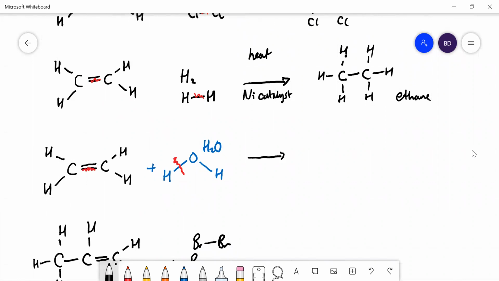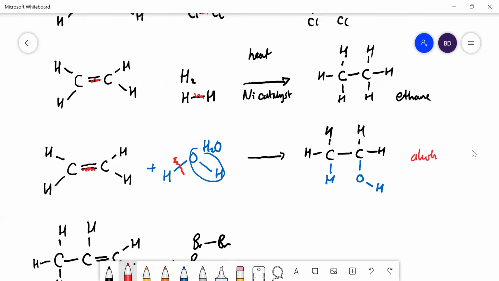And what happens is you form, right, now the hydrogen sticks onto one of the carbons, and the OH here, from the rest of the water, sticks onto the other carbon. And you probably know that when you have an OH on that molecule, it's now called an alcohol. And this alcohol is actually called ethanol.